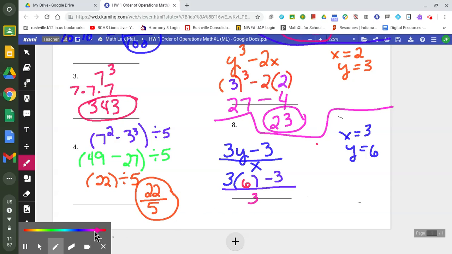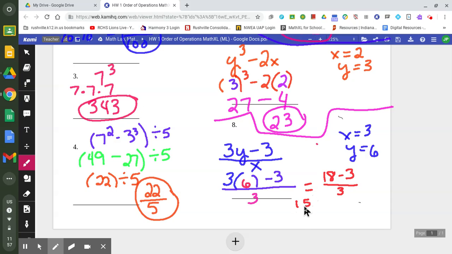So then we have 3 times 6 is the 18 minus 3 over 3. And then 18 minus 3 gives me 15 over 3. And 15 over 3 can be reduced to 5.